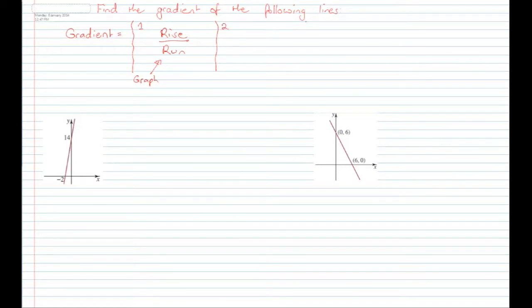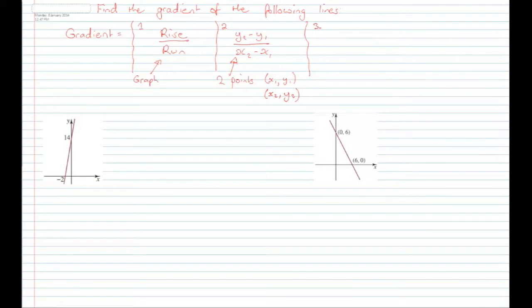The next formula, which you may have seen before, is y2 minus y1 over x2 minus x1. You use this formula when you get given 2 points, and they will be given to you as x1, y1 and x2, y2.